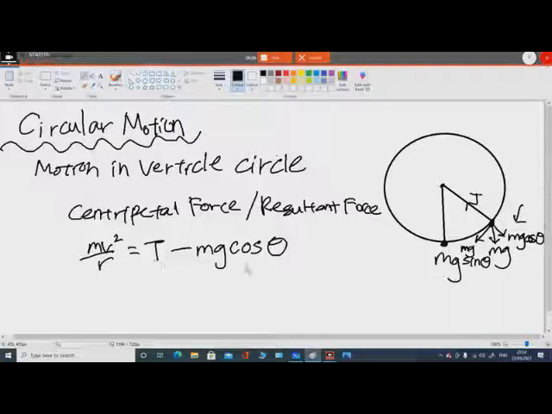So this is our basic formula for the vertical circle.